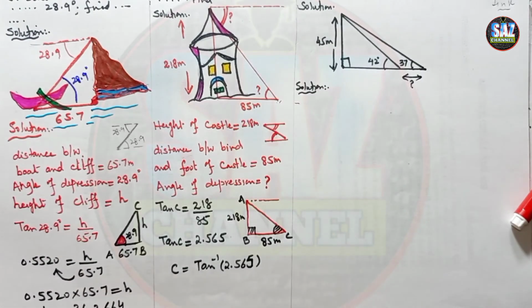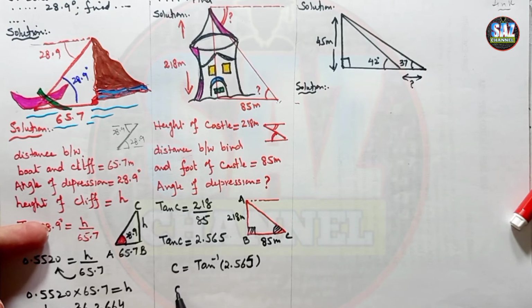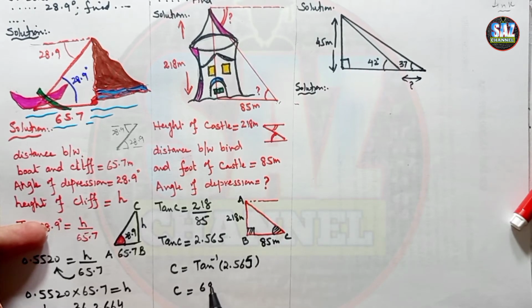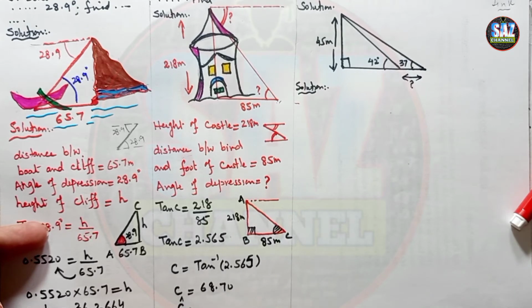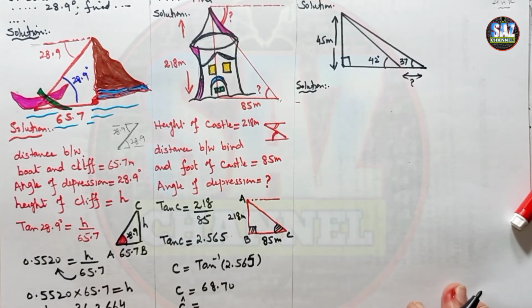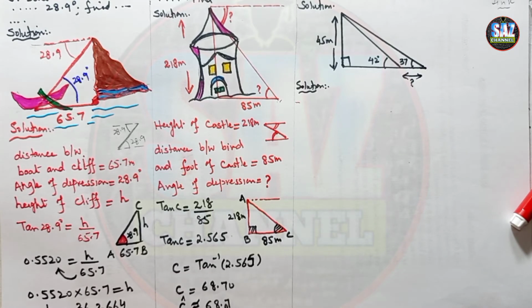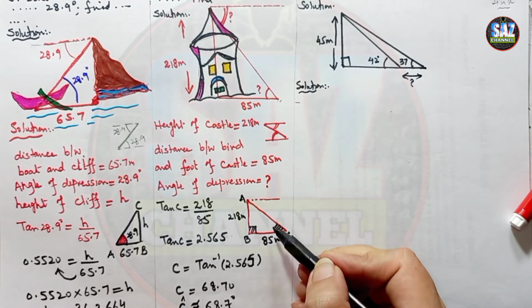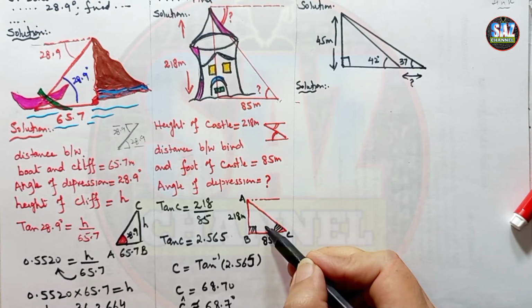Then I write in the value 2.565 and close the bracket, and this is 68.70. As we have to give the answer to three significant figures, my angle will be approximately 68.7 degrees. So this angle is 68.7 degrees.